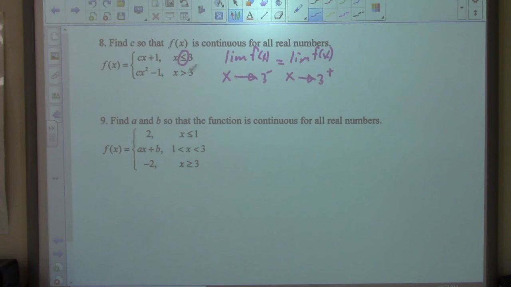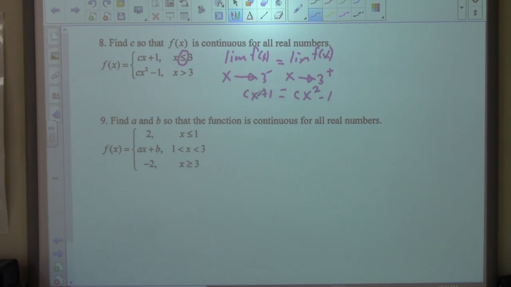And so we're going to put on the left side cx plus 1 equals cx squared minus 1. And now what are we going to do? Plug in what for x? 3.